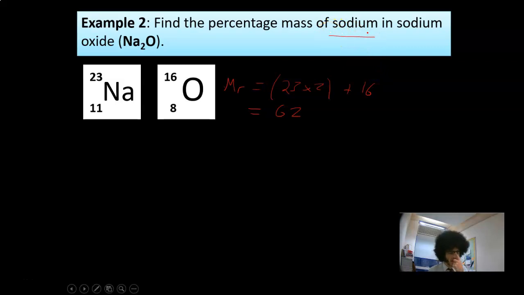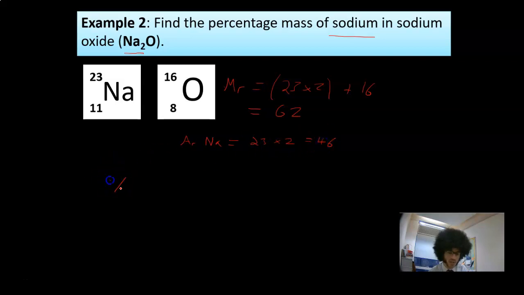It's always good underlining and annotating your question when you're doing this, just to make sure that you're making sense. Now, I need sodium. There are two of them, as you notice from the formula. So the mass of sodium is going to be, let's write AR of Na, that'll equal 23 times 2, which equals 46.